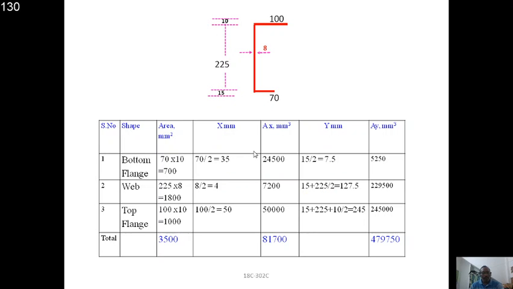The same procedure is followed for the top flange also, then multiply the x values with the corresponding areas of the shape, then sum the values to get the product of ax, that is qx. Similarly for ay, to get the qy value.